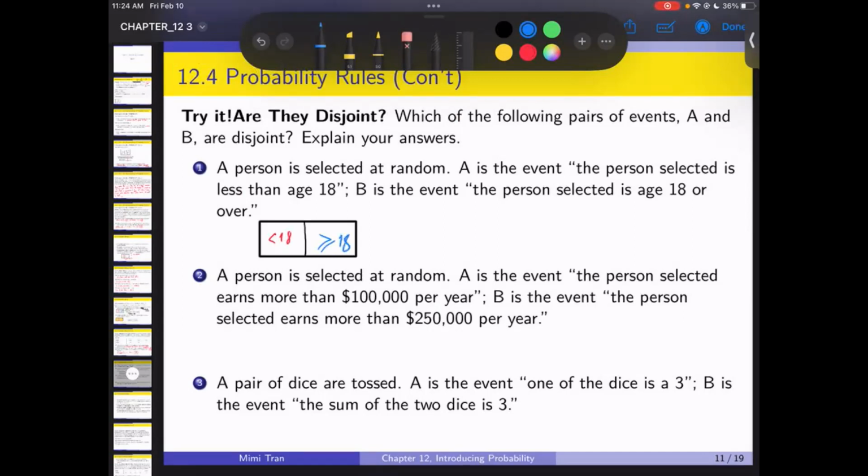Are they disjoint? Are the two events separate? Yes, right. I know that you see 18 on both boxes, but the left one is less than 18, 17 and 11 months and 30 days, right? And then the right box is 18 and over. So yes, they're disjoint. There's no overlapping.